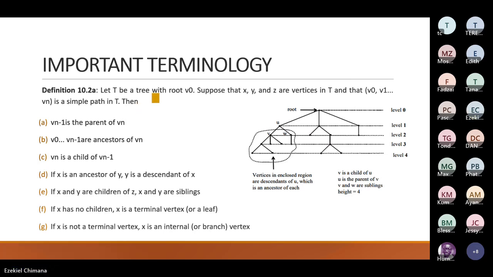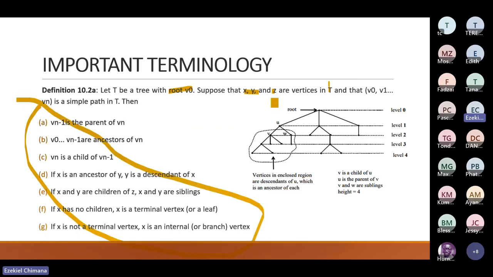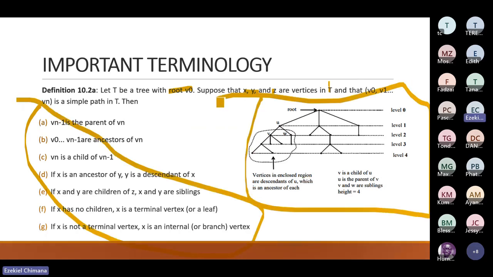So let T be a tree with the root V0. Suppose that X, Y, and Z are vertices in a tree, and that V0, V1 up to Vn is a simple path in T. Then Vn minus 1 is the parent of Vn, and V0 to Vn minus 1 are ancestors of Vn, and Vn is a child of Vn minus 1. All these statements are not related to this graph; this one is just to demonstrate what we are talking about.